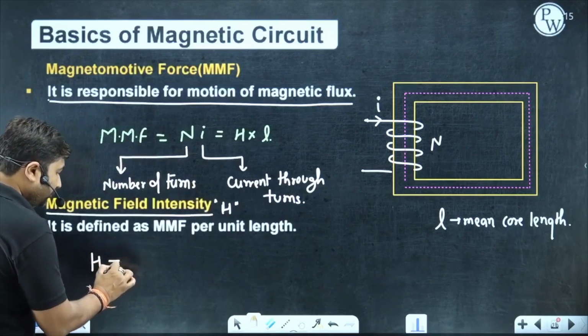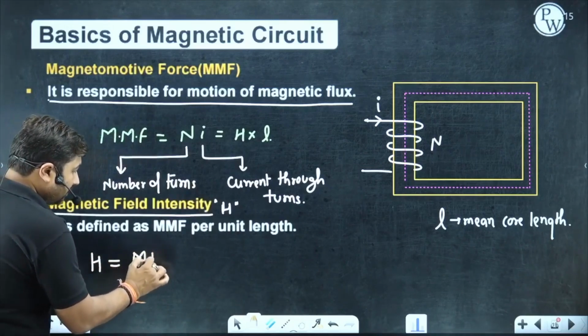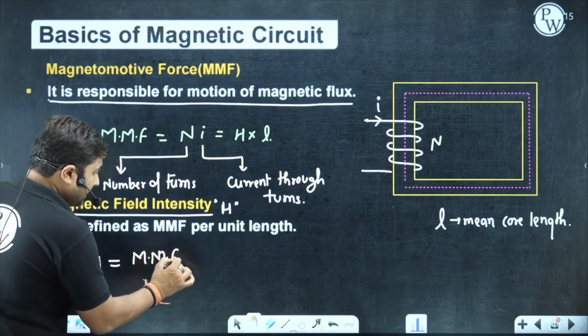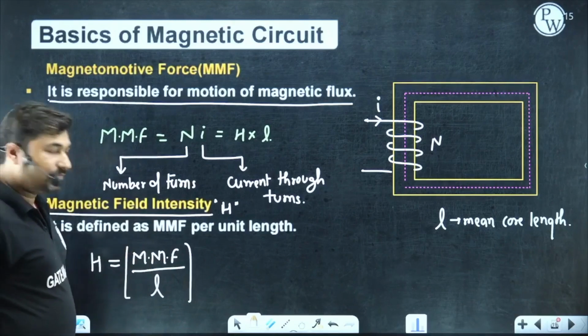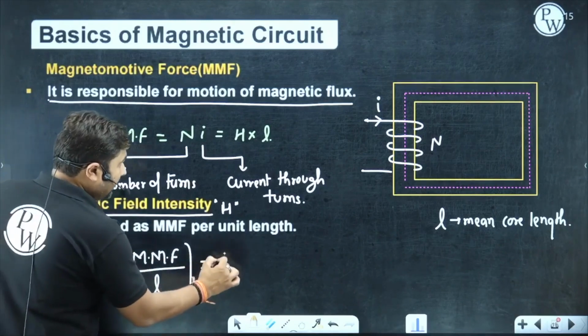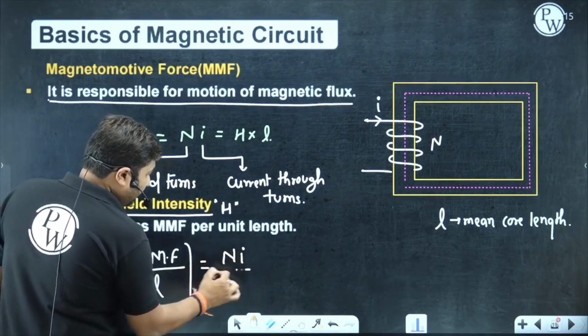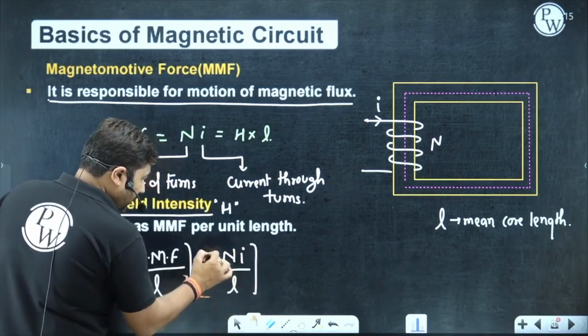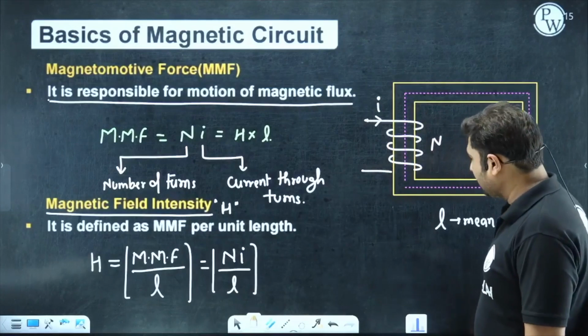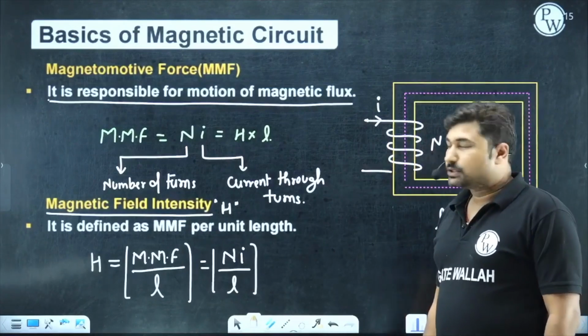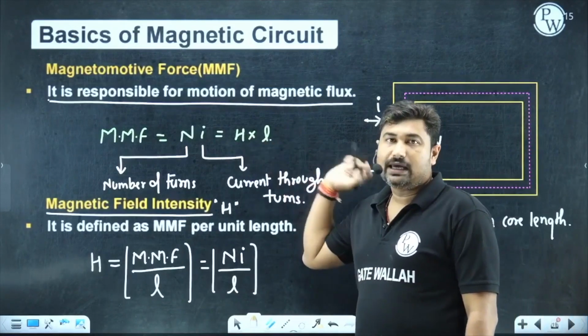So magnetomotive force per unit length of the material can be represented as MMF upon L. Is it okay? Yes, sir. You can write it here as N into I by L, where L is called the mean core length. So we can also represent it as H into L.